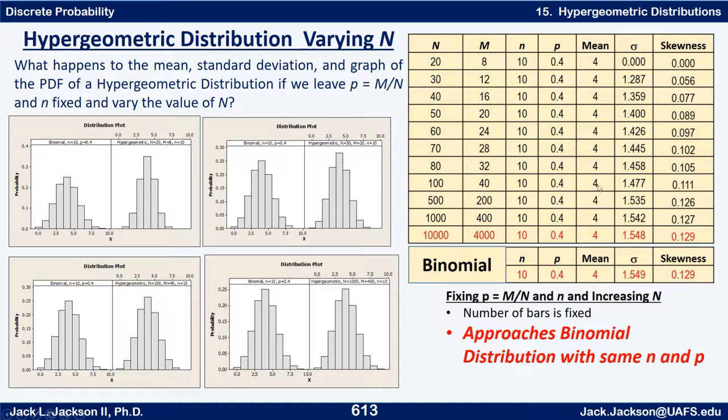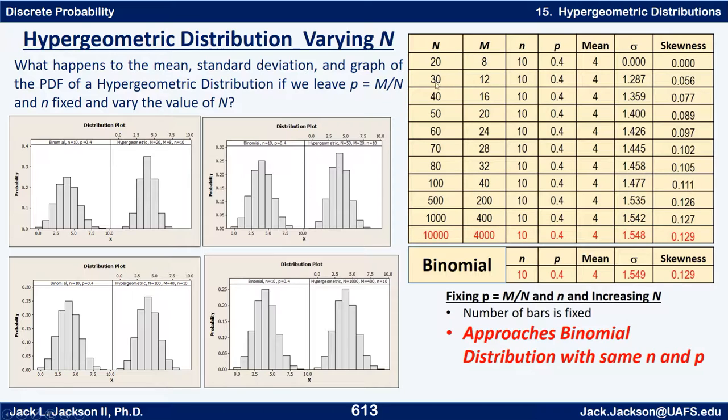We'll notice that the mean doesn't change, but the standard deviation is increasing, and the skewness is increasing. But look what it's approaching. If you look at a binomial distribution, and here I've gone up, let me back up here. Look at n.